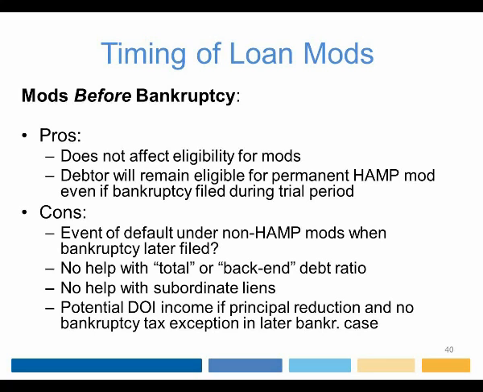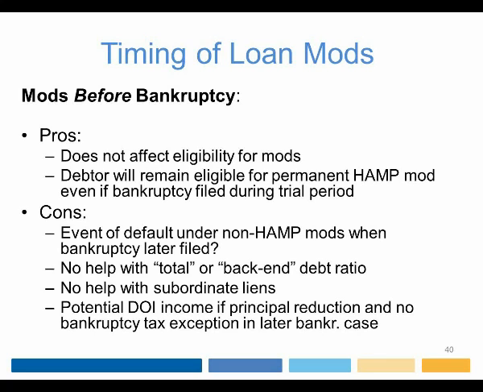And there are some issues about whether you should try to get the modification before bankruptcy. I've already mentioned earlier it shouldn't affect your eligibility for a mod, based on what we said earlier.